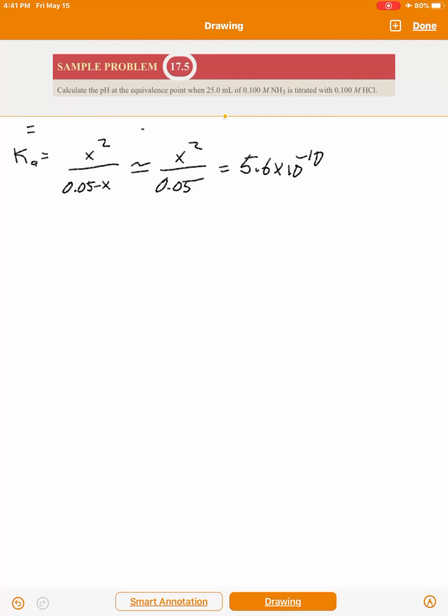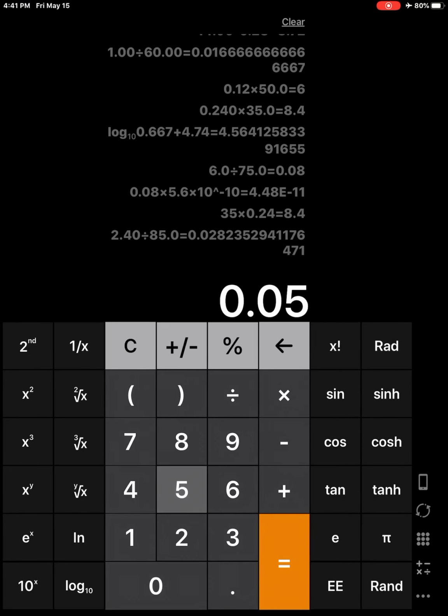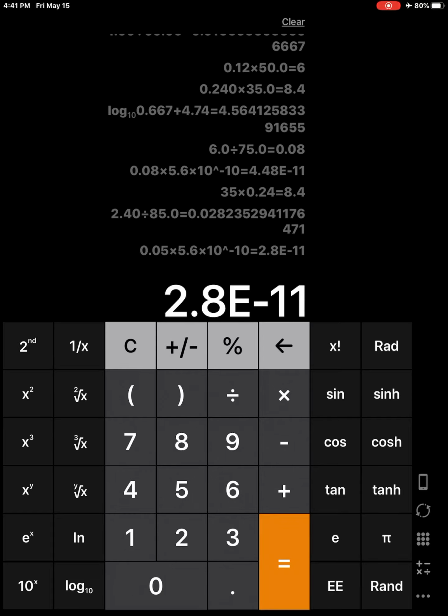Okay, so the reason we're doing this is because we're trying to find out what x is. x is the concentration of hydronium. So we have to find x. So x squared is 0.05 times 5.6 times 10 to the minus 10. Let's put that into our calculator. 0.05 times 5.6 times 10 to the minus 10 is 2.8 times 10 to the minus 11.